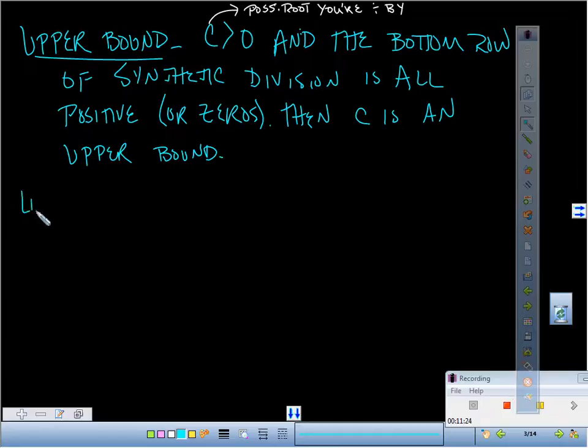Okay? A lower bound. Now, guess what kind of number C has to be? Yeah. A lower bound.